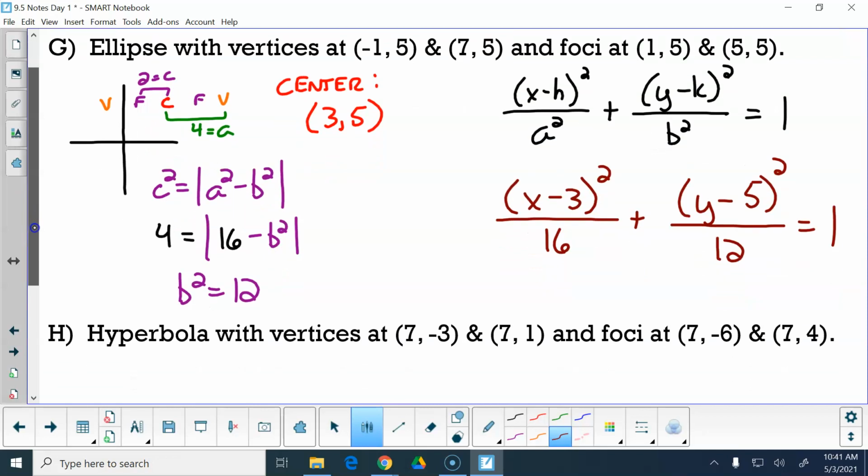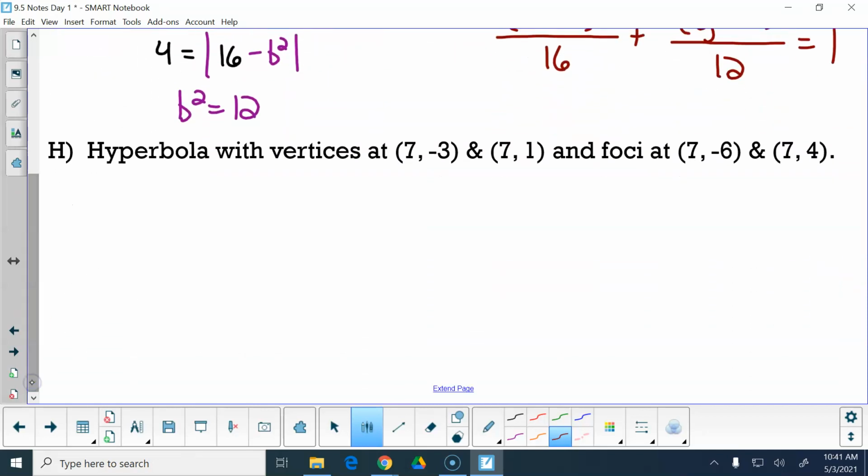Do the same with the hyperbola. So we first have to figure out what's what. So we've got vertices at 7, negative 3, and 7, 1.